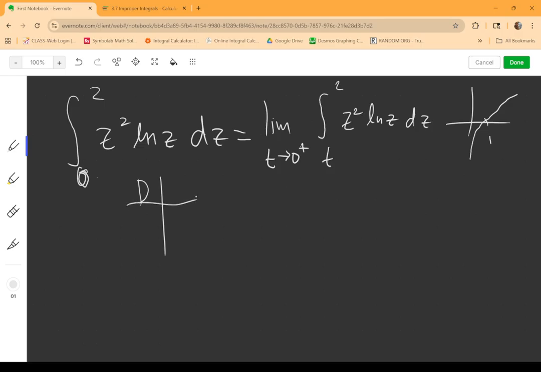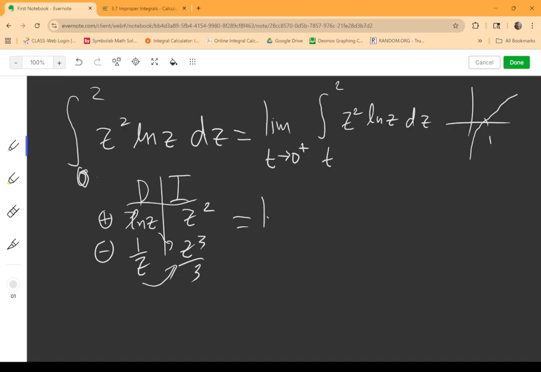Choose one to differentiate, one to integrate: differentiate ln of z, integrate z squared, and I'll just do it once, then I'll rewrite. The reason for just once is that once there's no more natural log, I can easily integrate the resulting function by using the power rule.